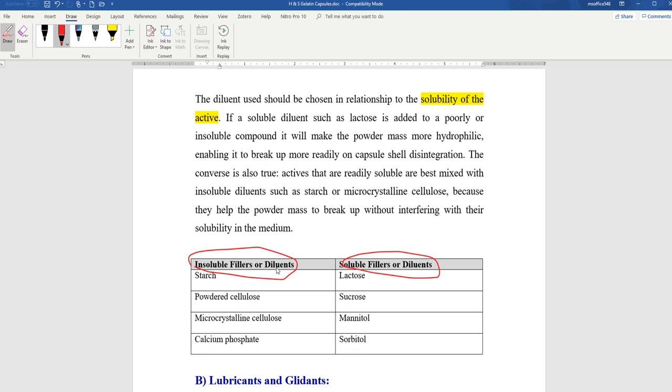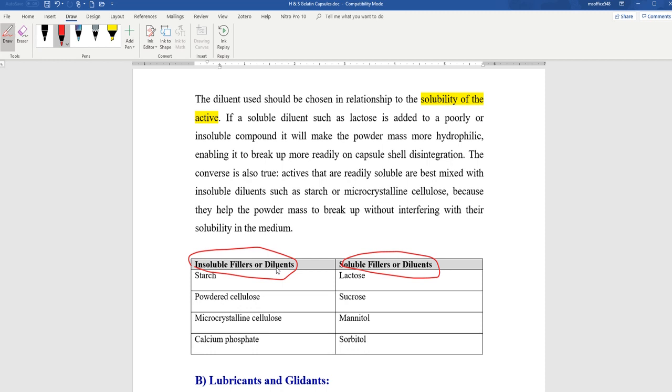Of course you know, maybe you took it in physical pharmacy 1, the drug will be surrounded by the solvent molecule. So the drug molecule is surrounded by solvent molecules. If we have a diluent, the diluent will start competing with the drug for these molecules.